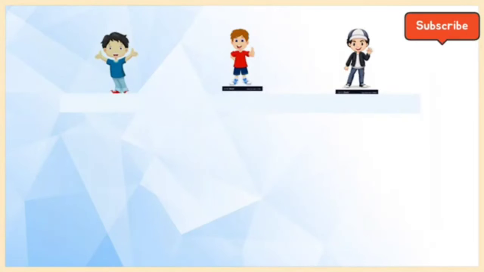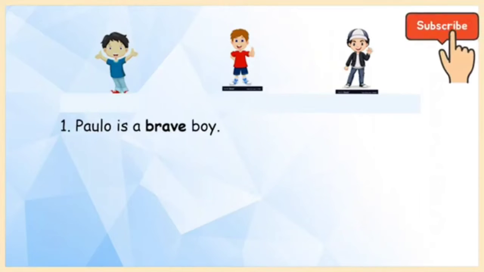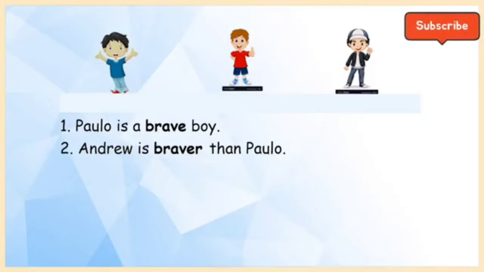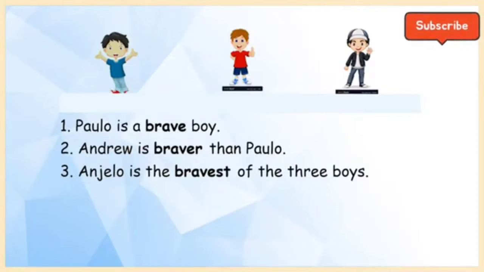Look at the three boys. Read the sentences below. Paulo is a brave boy. Andrew is braver than Paulo. Angelo is the bravest of the three boys.